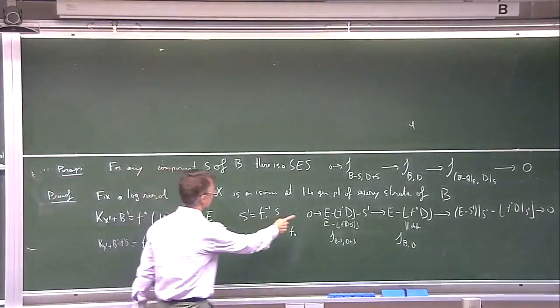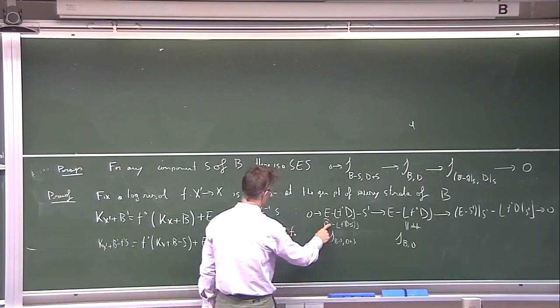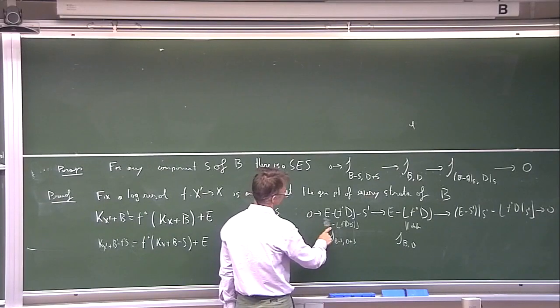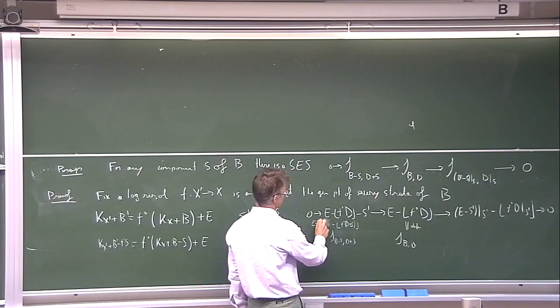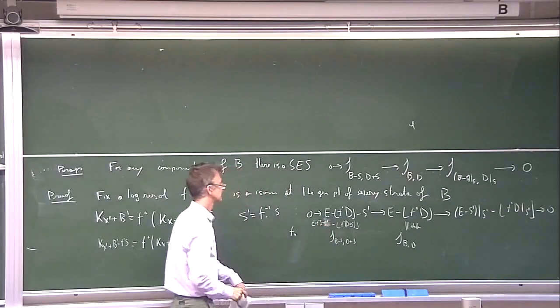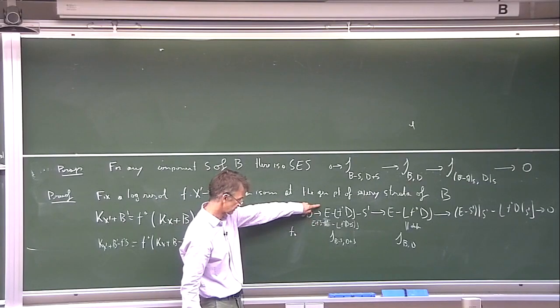So the divisor that I'm getting here, I can write it down. This is going to be E plus f upper star of S minus S prime. So this divisor is equal to that one. That's what I'm claiming.